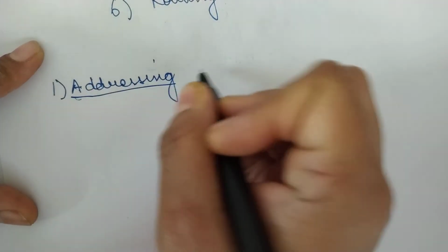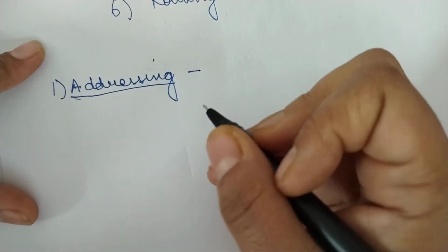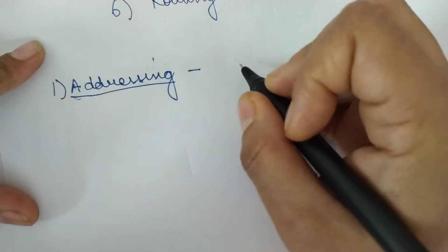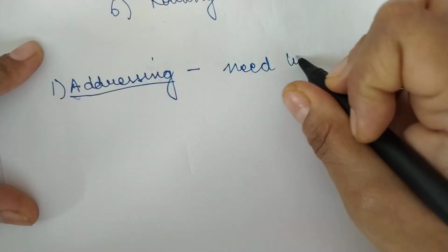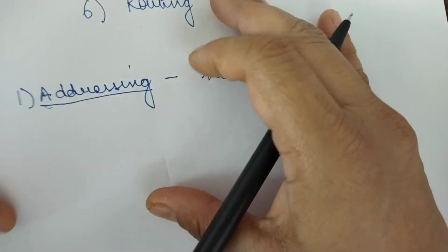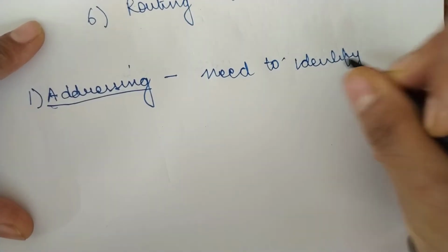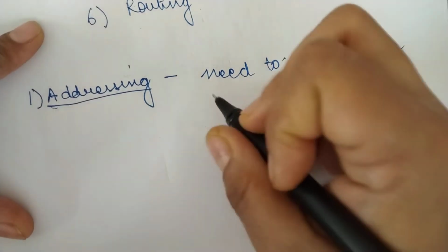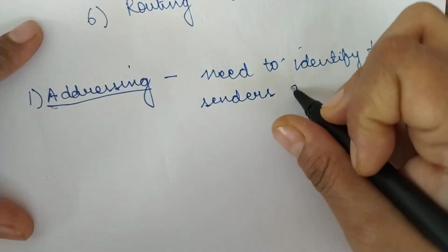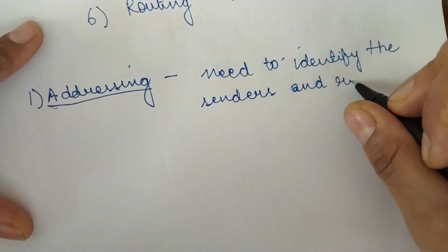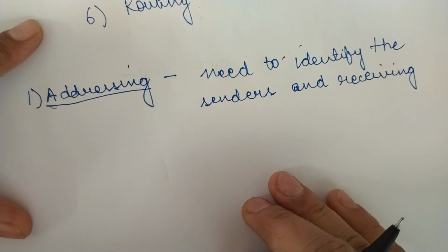What is addressing? So basically what happens is that every layer needs to identify the senders and receivers, the senders who will be sending the messages and receivers who will be receiving the messages in the network, right?